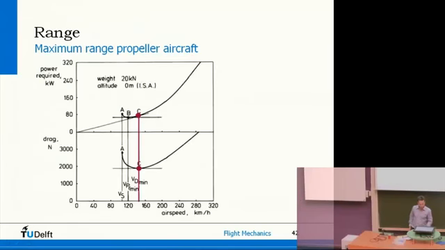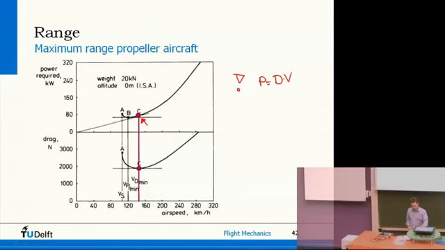Now, if you look in the diagram, the bottom diagram is the aerodynamic drag curve. If you take that point all the way at the bottom, where you have minimum drag, then you can simply read here that's the airspeed I should fly with my aircraft to achieve maximum range. And in the power diagram, it's this point here. One thing to note is that power is a force times velocity.